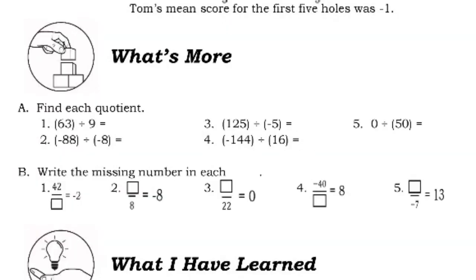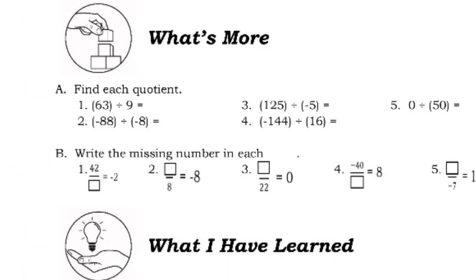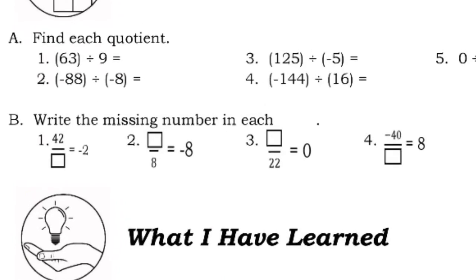What's more? A, find each quotient. So you're going to answer this one based on our discussion earlier. Then letter B, write the missing number in the given fractions. So number 1, let's have this one as our example. 42 divided by blank equals negative 2. So what will be the answer here?